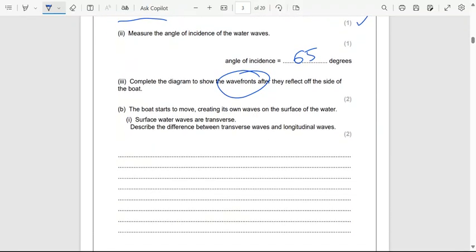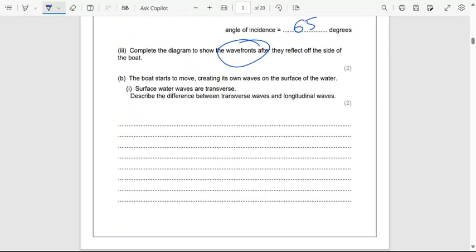Boat starts to move, creating its own waves on the surface of the water. Surface water waves are transverse, right? And what's the difference between transverse and longitudinal waves? Okay. Now it doesn't suggest drawing a diagram, but a diagram can really help here. Okay, and that's because, for a transverse wave, we've got to get this idea, haven't we? Right?